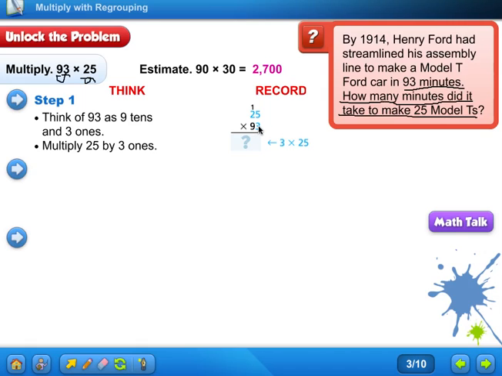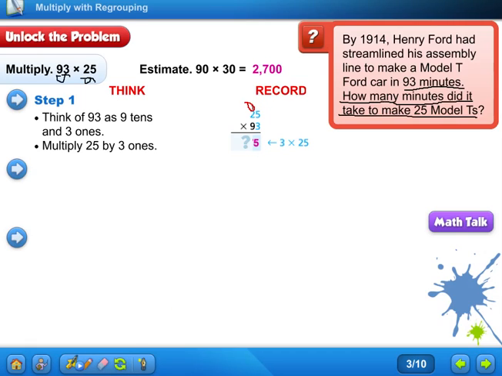We're only going to look at the ones. So 3 times 5 is 15. Carry your 1 up here. 3 times 2 is 6. Plus 1 more is, I always like to circle that one when we do it. Plus 1 more is 7.